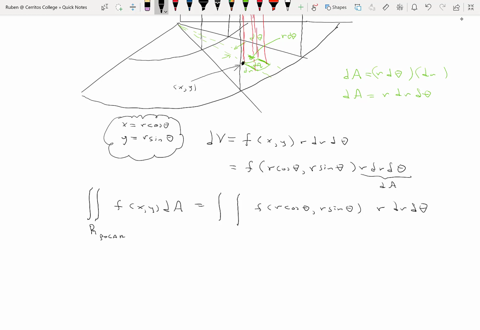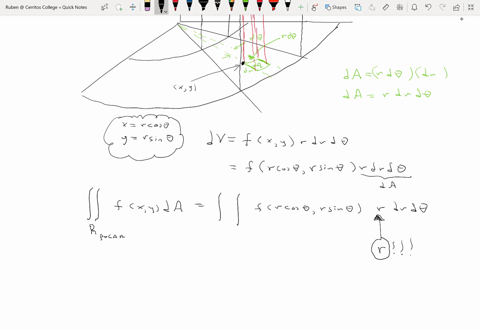One of the first mistakes made by students is to neglect the r in this. We must have r, and we don't just go from dx dy to dr d theta. Dx and dy you can view as r dr d theta. So don't forget that little extra factor of r.